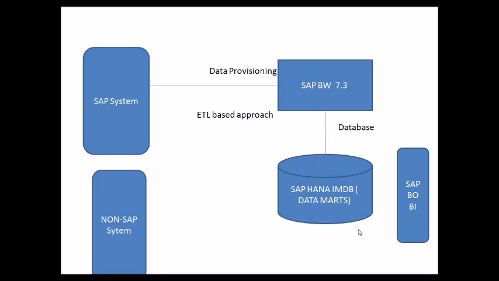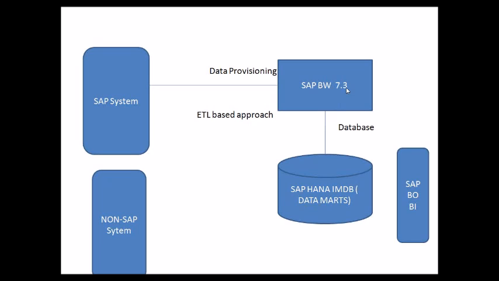Right? Now we have been talking about BW, and now I am talking about SAP HANA. SAP HANA is an in-memory database, so it can also be used for data marting. Your SAP BW 7.3 can have SAP HANA as its database.